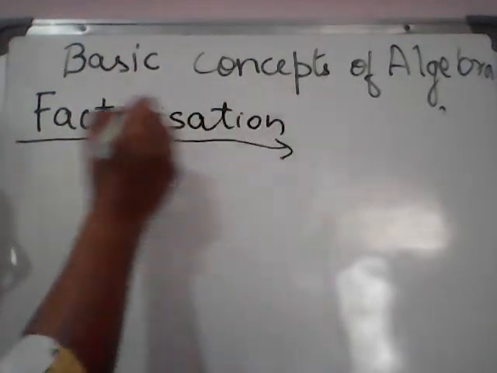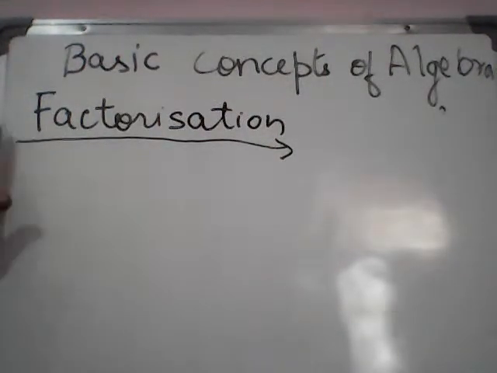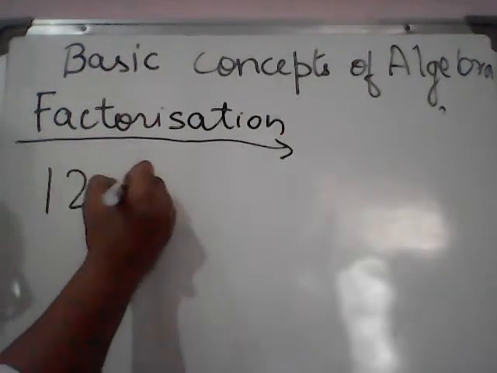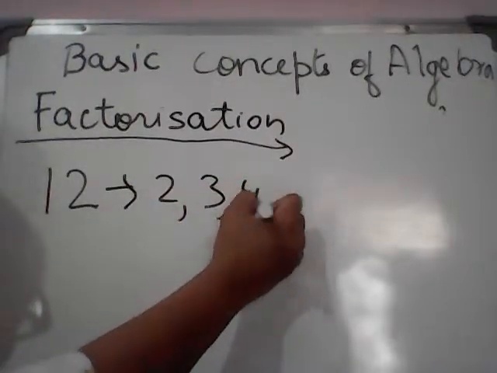Many a time I come across this question, that children get confused between how to factorize and what is factorization. Factors are such that when we divide the expression with the factor, we get no remainder. Like factors of 12 will be 2, 3, 4, 6.